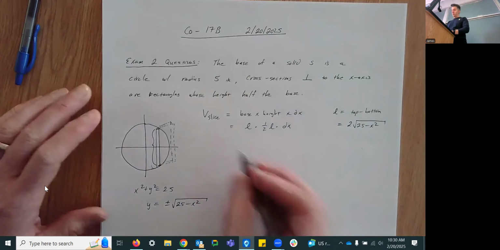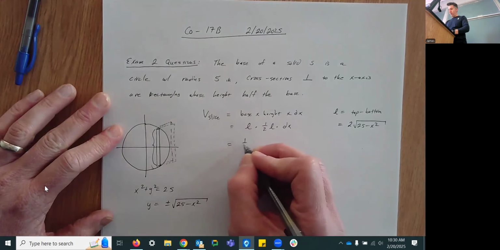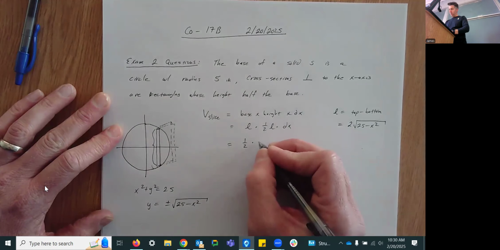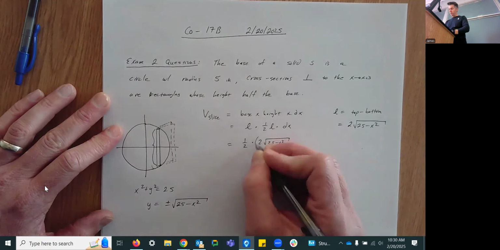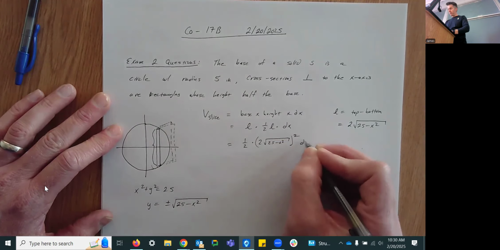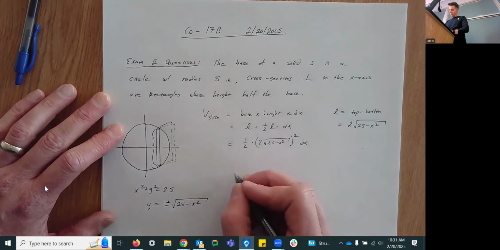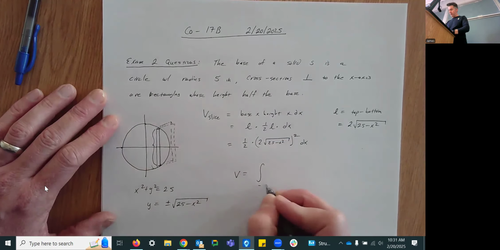So then we throw that into our formula. I'm going to pull the 1/2 out in front. It has 1/2 times that again, so times 2 square root of 25 minus x squared, quantity squared. And then the total volume is going to be the integral from as far left as -5 to as far right as +5.